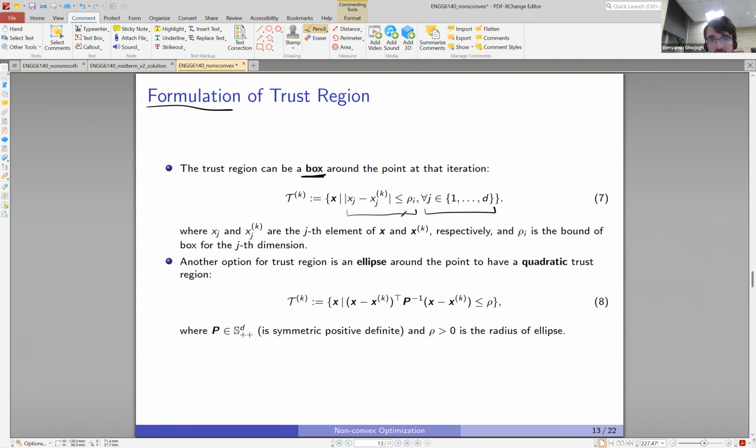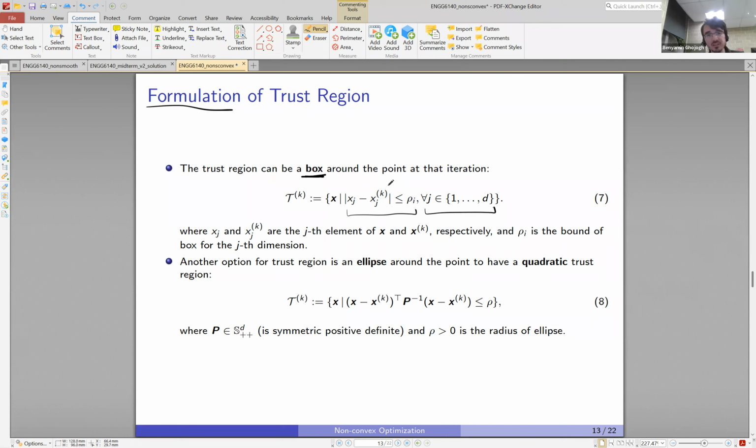Each element, the jth coordinate, xj minus xj^k. So all of the points whose jth coordinate has a distance less than rho j from the jth coordinate of xk. xk is the point, or the solution, at the kth iteration.